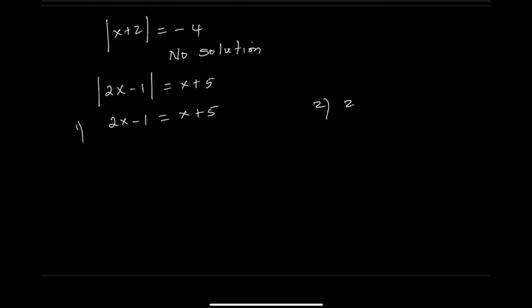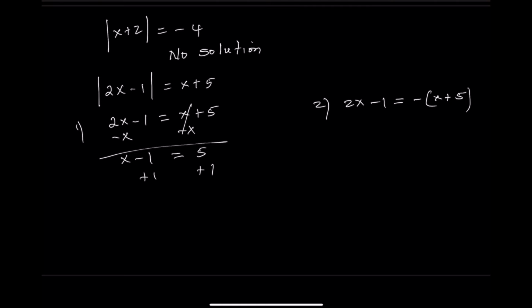Second equation, 2x minus 1 equals the negative of open parentheses x plus 5 close parentheses. First equation, subtract x from both sides. X minus 1 equals 5. Add 1 to both sides, x equals 6.